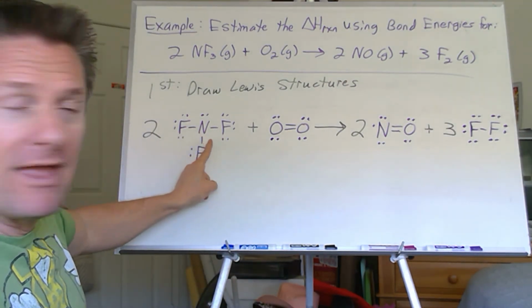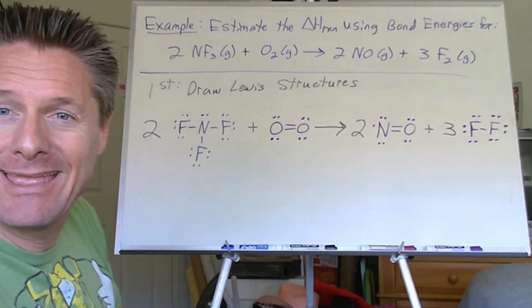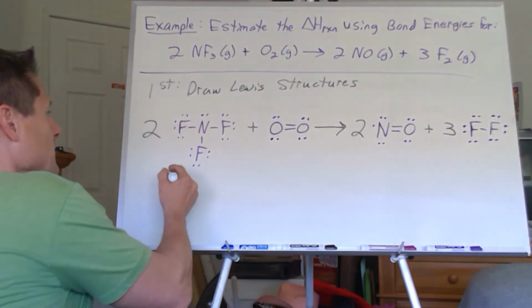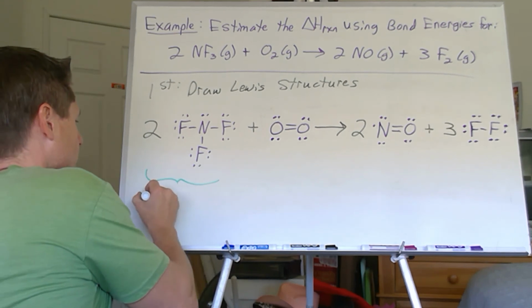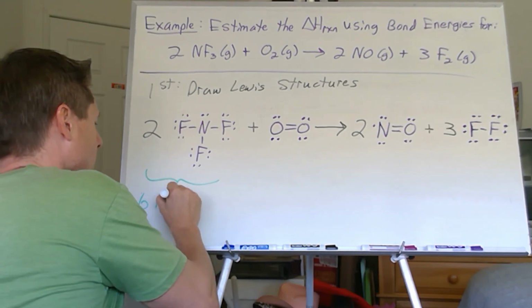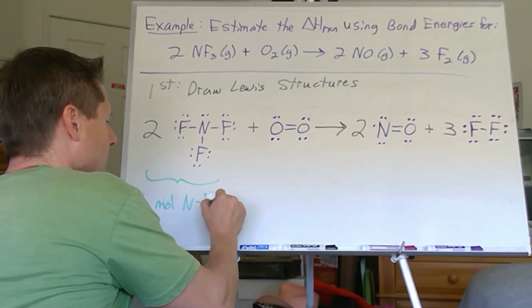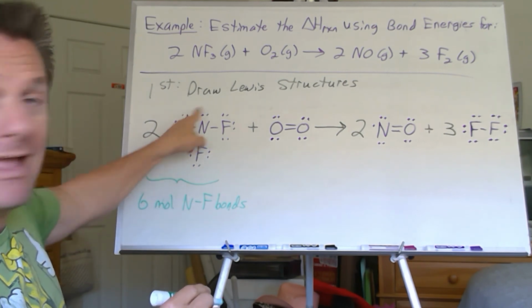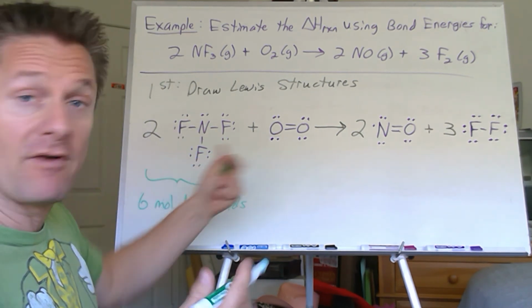So if 1 mole of NF3 has 3 NF single bonds, 2 moles would have 2 times 3, or 6. So 6 moles: 1, 2, 3, do it twice, 4, 5, 6. There's a 1 in front of the oxygen, so that's it.